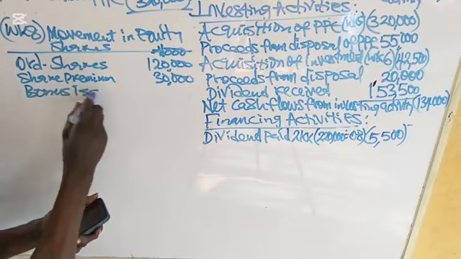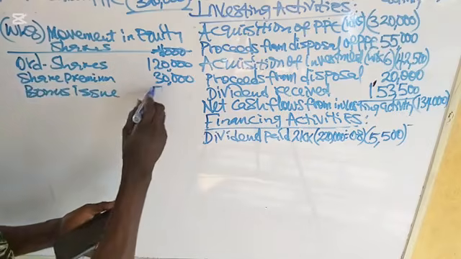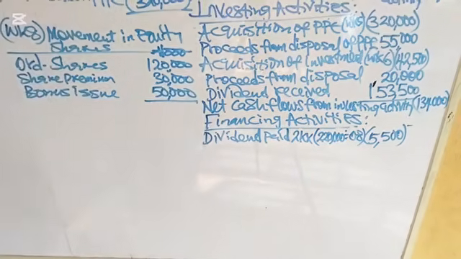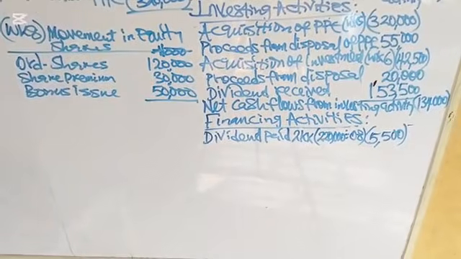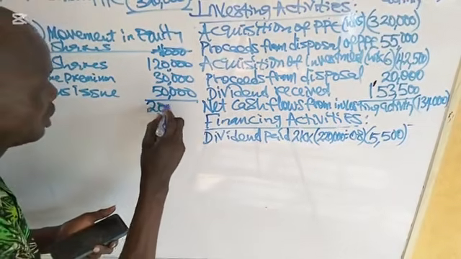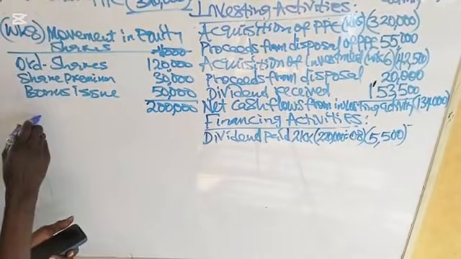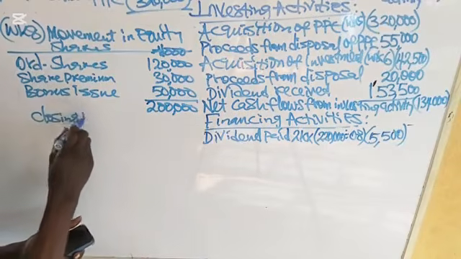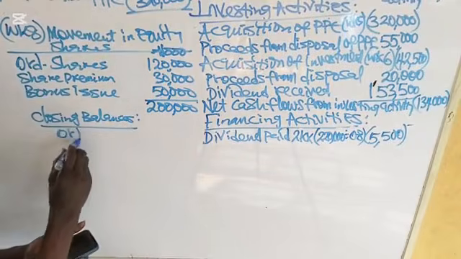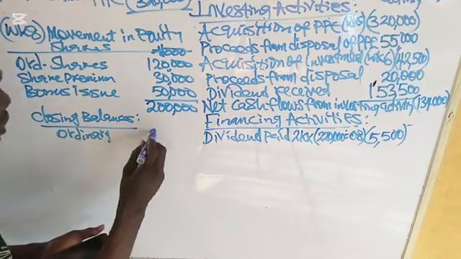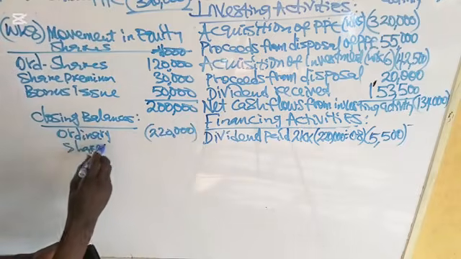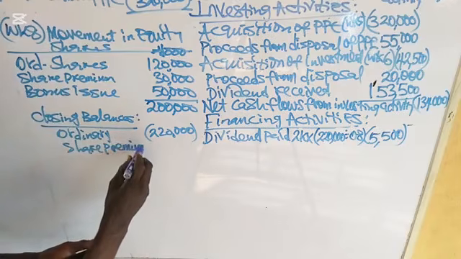We also have bonus issue. How much is the bonus issue? 50,000. What is the total? That should be 200,000. Then we have closing balances. Ordinary share, how much? 220,000. Followed by share premium, how much is that? 60,000.